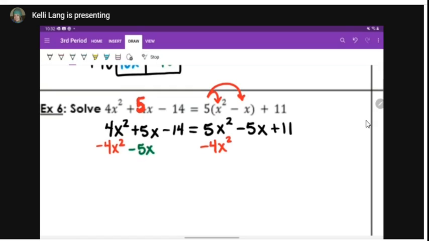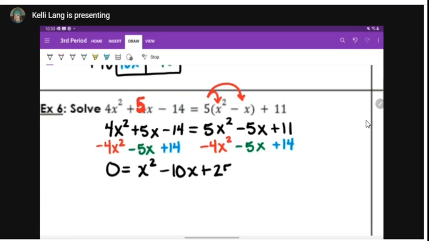Minus 5x from both sides. And plus 14 to both sides. The left, or whatever side you're undoing, should always just end up being 0, so that works out well. And then on the right, we end up with just a 1x squared minus 10x plus 25.